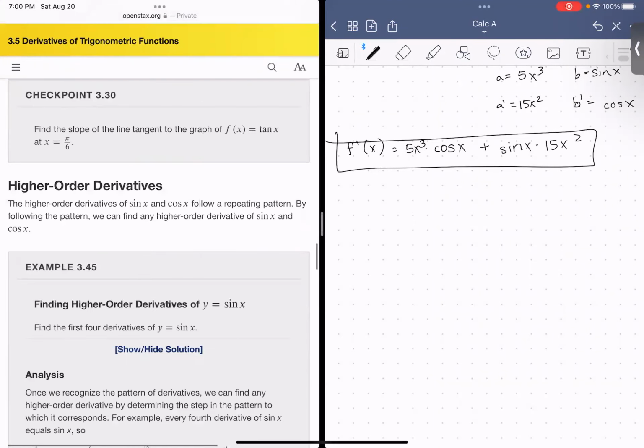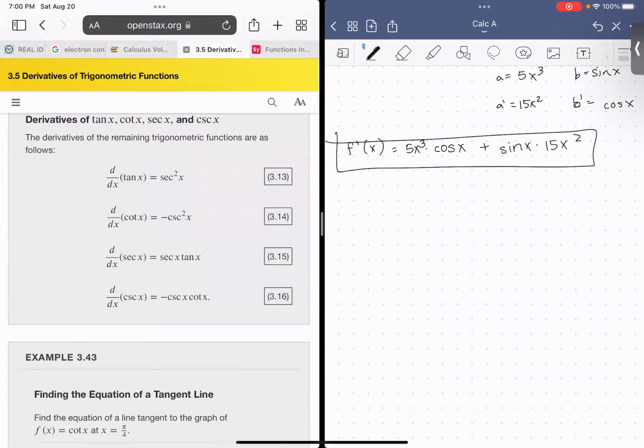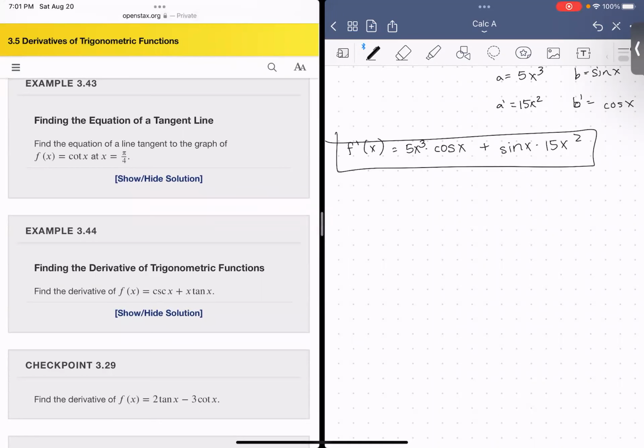And the more that you refer to it, eventually you embed it into your brain, like, oh yeah, the derivative of sine x is cosine x. And it's basically second nature at that point, since you've practiced it so much.